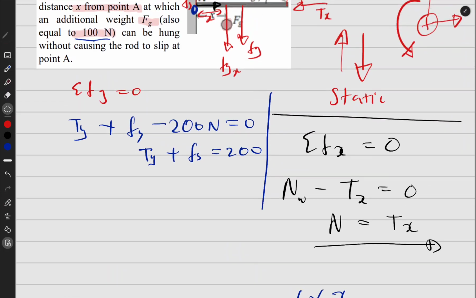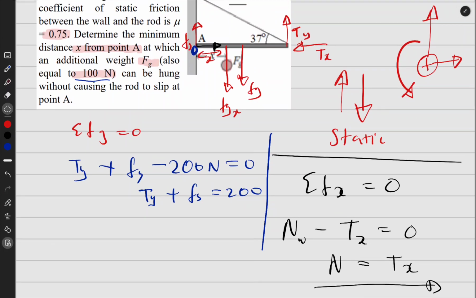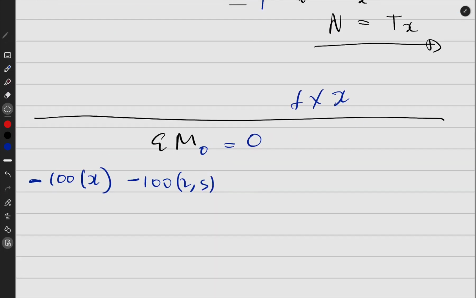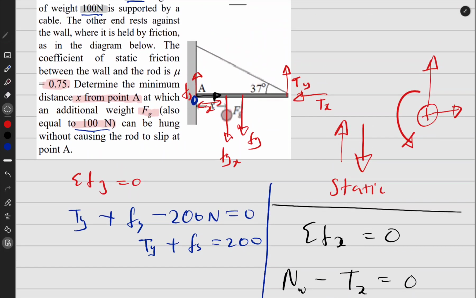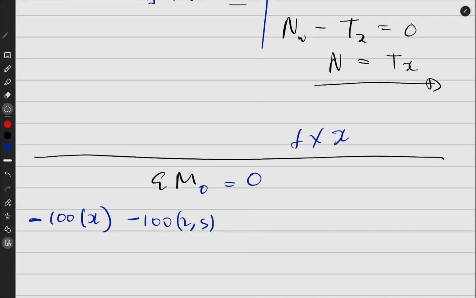Okay, good. We've just included all the weights, and now we still have something that is here, our Ty. It goes up, so it's the only positive one.